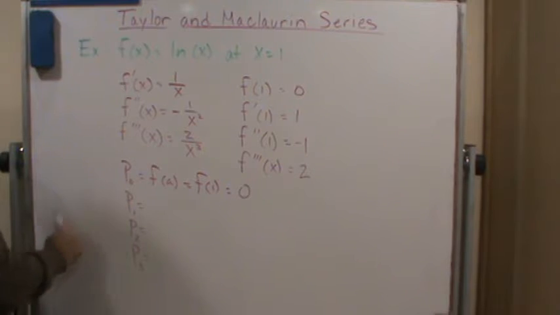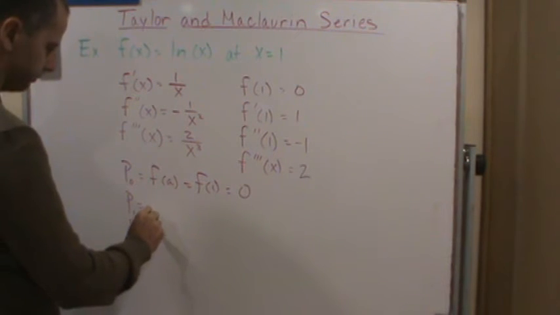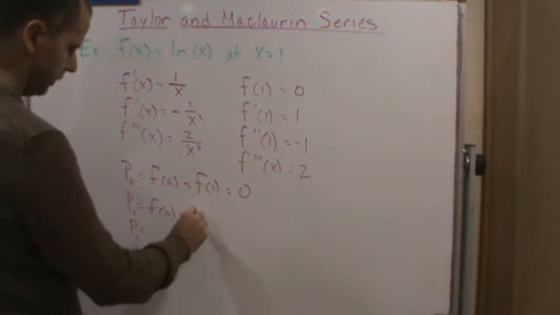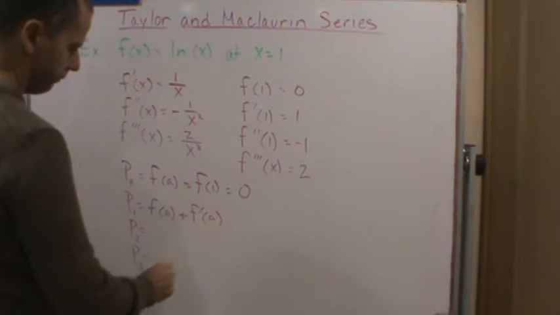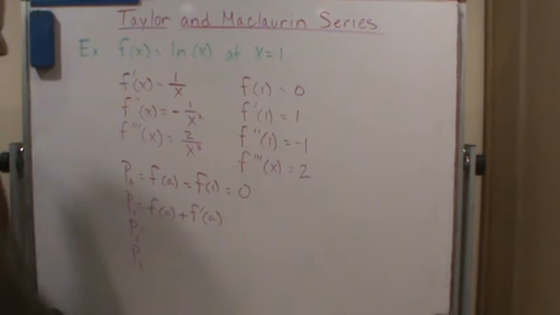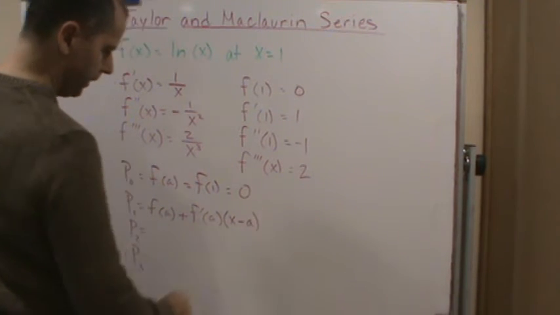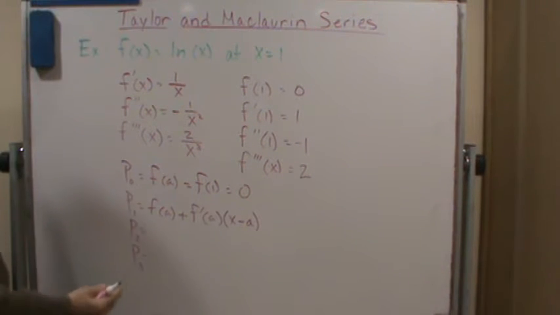And then P sub 1 is what? It's going to be f of a plus f prime of a times x minus a. But again, a is 1, right?